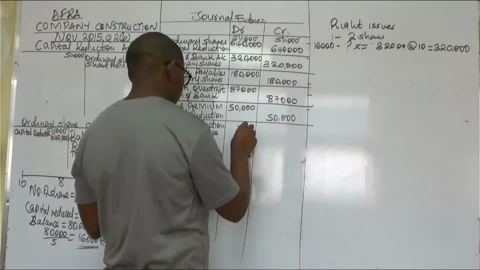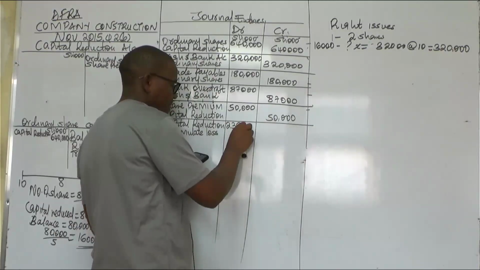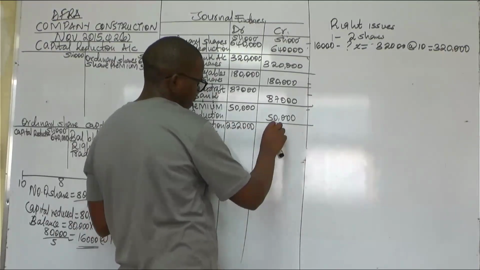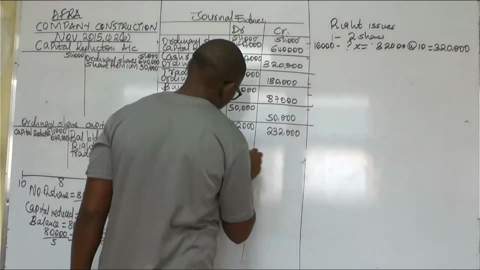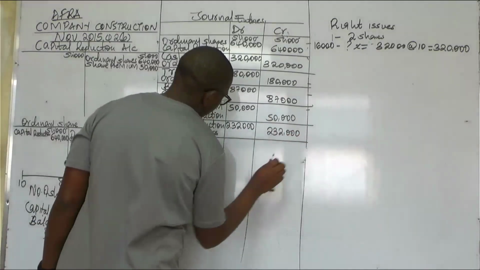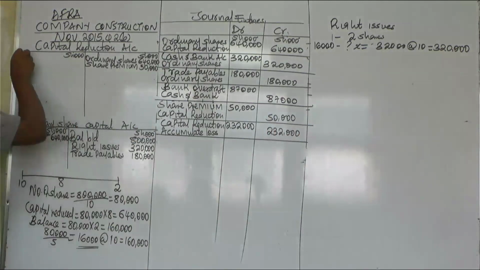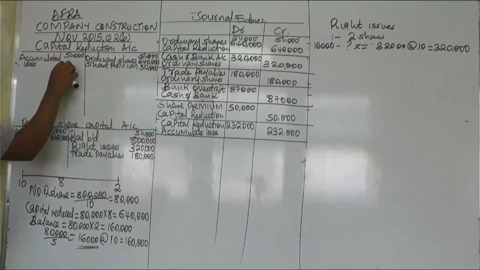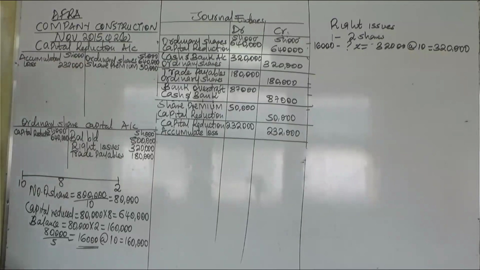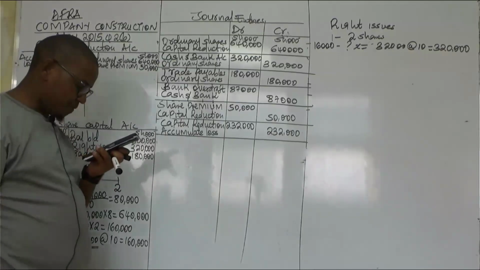Accumulated loss was 232,000. So I will have the accumulated loss. This is of 232. Continue.